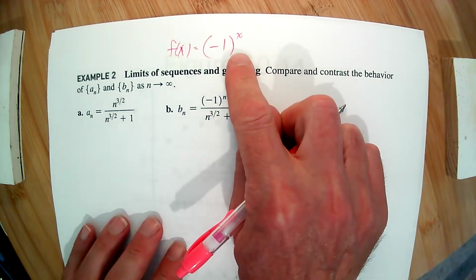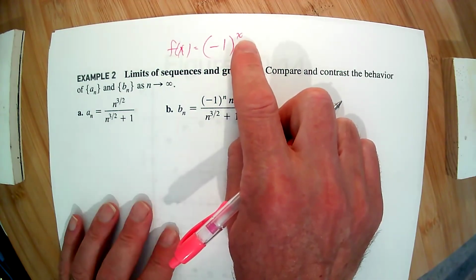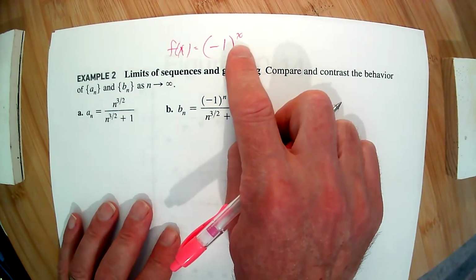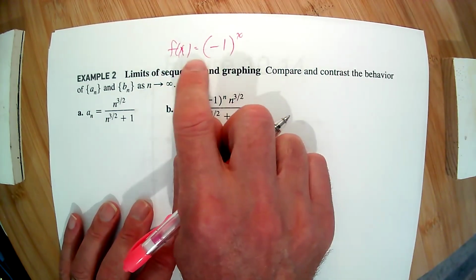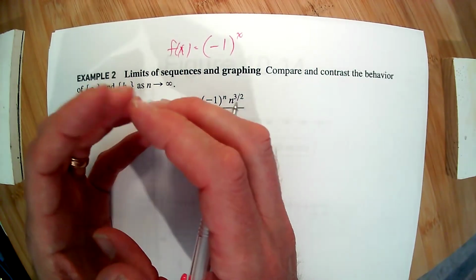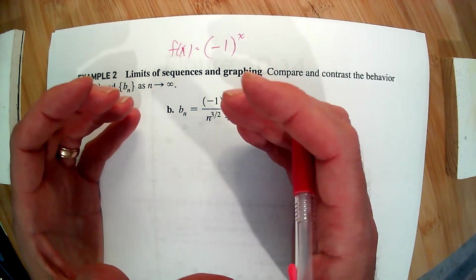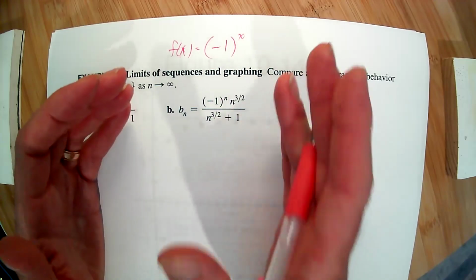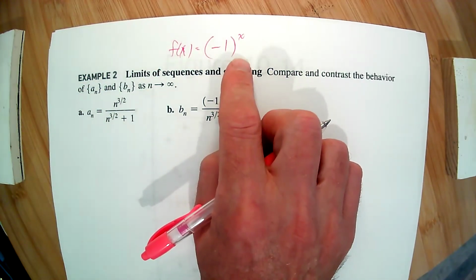This function doesn't make any sense whenever x is an irrational number or even a lot of fraction numbers. We don't talk about this function because it doesn't have a nice domain, like nice intervals. It has all these gaps and holes. This is not a good continuous calculus function.